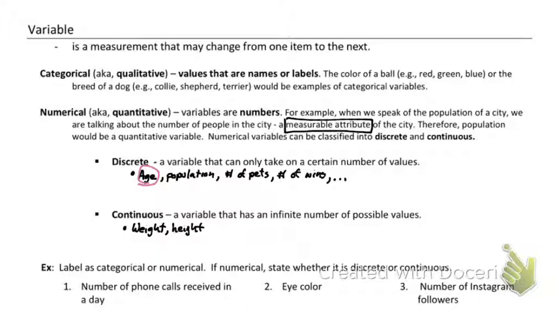We have weight and height as continuous. Can anyone think of anything else that might be continuous? Maybe time. If you're timing how long it takes to do something, or if you're timing a race, yeah. Amount of money spent.